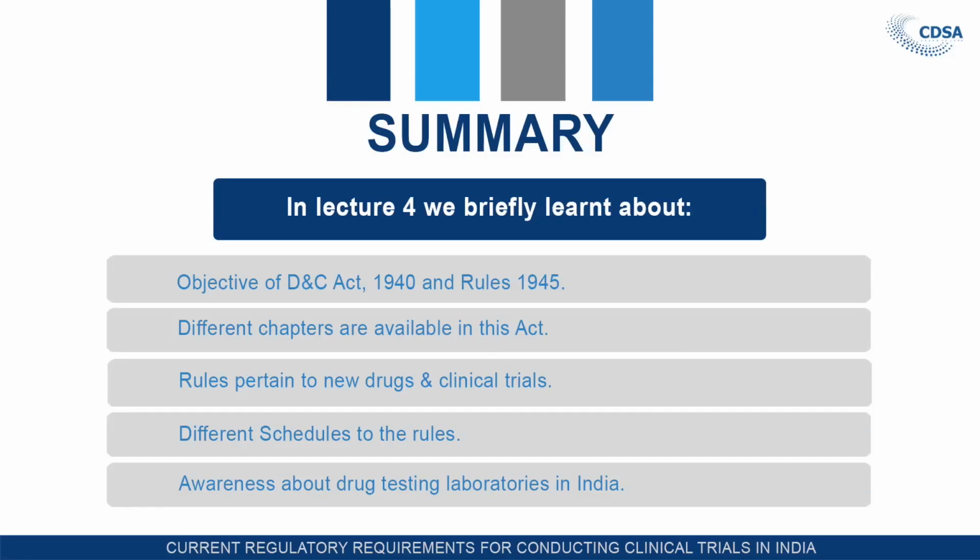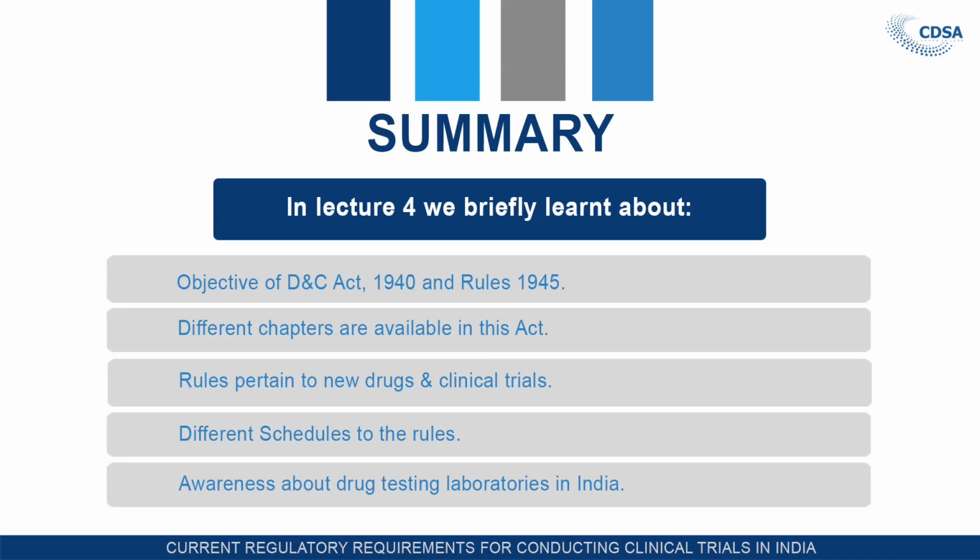So in lecture 4, let us have the recap and summarize it. We have learned about the objective of the Drug and Cosmetic Act and rules thereunder. The objective is to ensure the quality, safety and efficacy of the drugs available in the market. Then we have seen the different chapters available in the Act. There are actually 6 chapters, but it is up to 5, including chapter 4A, and these chapters have different sections. Then the different schedules to the rules.